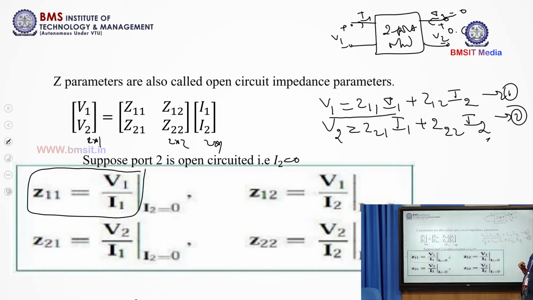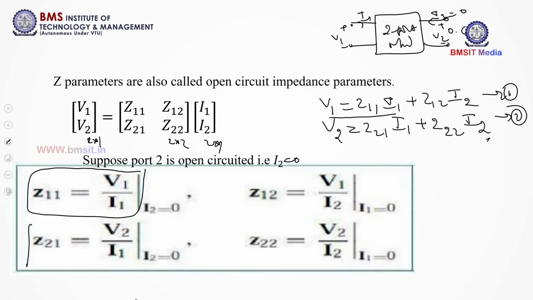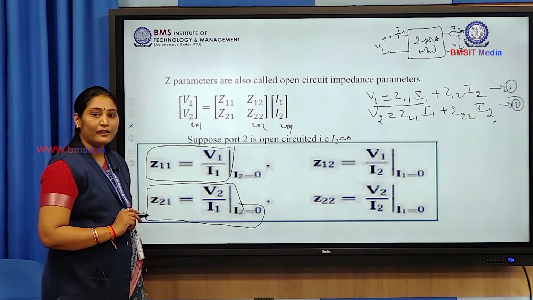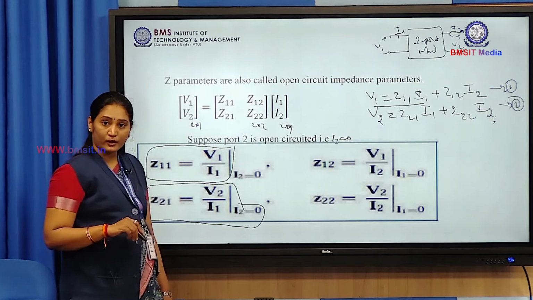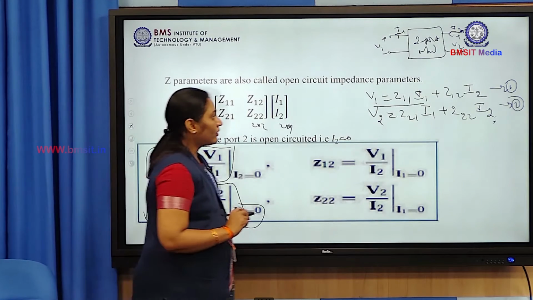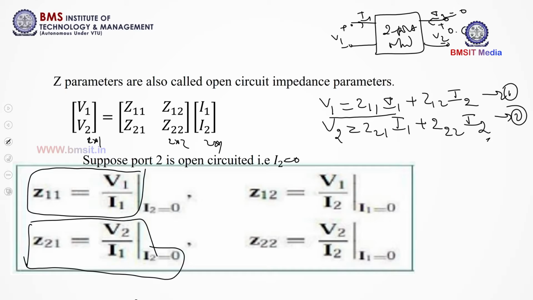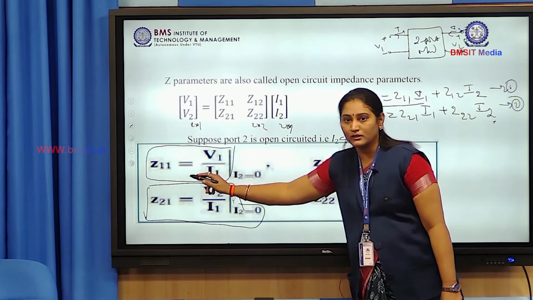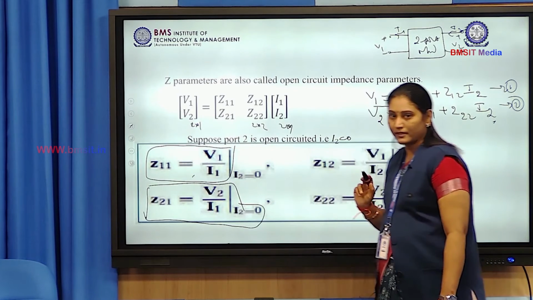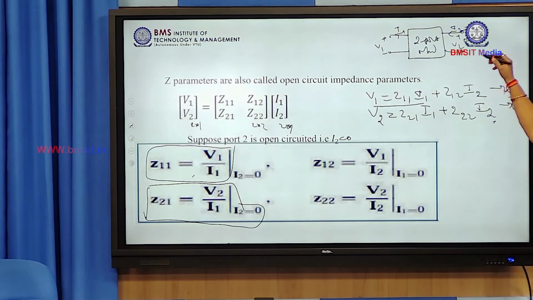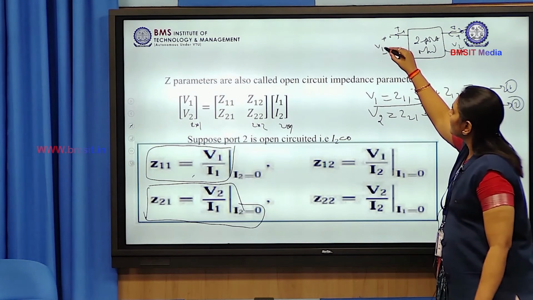Similarly, in equation number 2, when I substitute I2 equal to 0, I get V2 equal to Z21 I1. So Z21 equals V2 by I1 provided I2 equal to 0. So I have open circuited the output and extracted Z11 and Z21. Similarly, the next step, I will open circuit the input port.